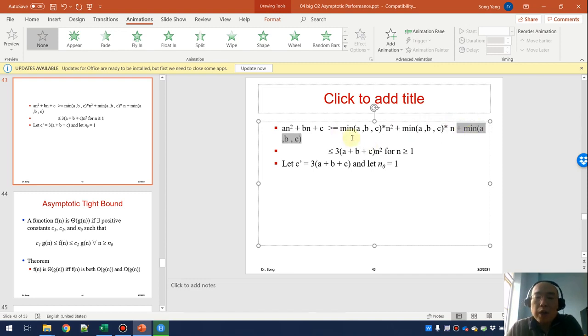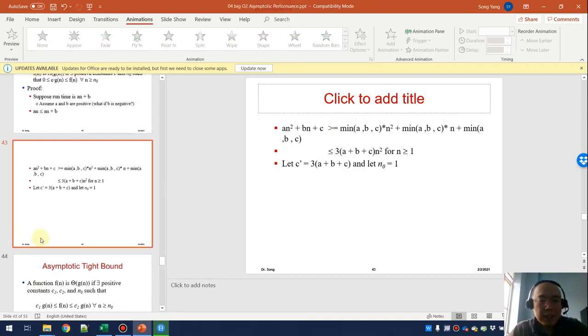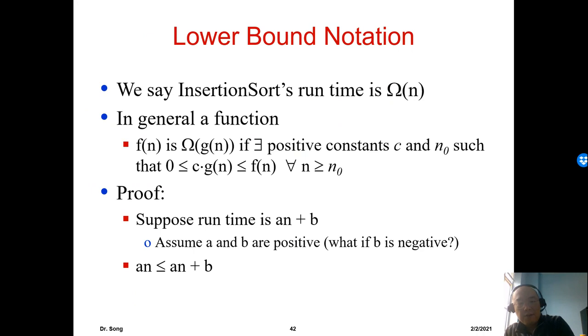So we are trying to find a value smaller than a n squared plus b n plus c. We are not finished yet. Our goal is to find a lower bound g(n), such that a constant c multiplied by g(n) is guaranteed to be smaller or equal to f(n). So we are trying to find a polynomial guaranteed to be smaller, right?